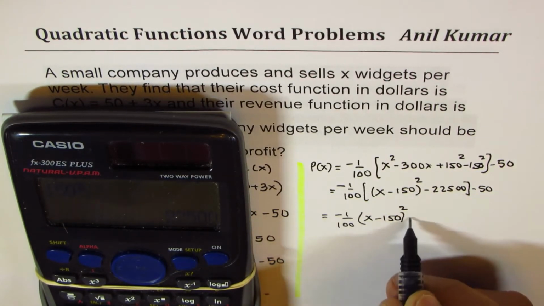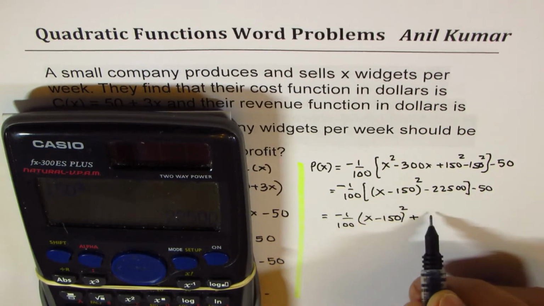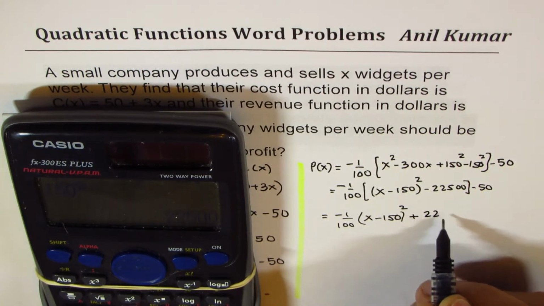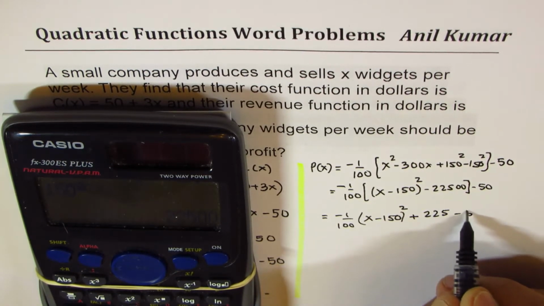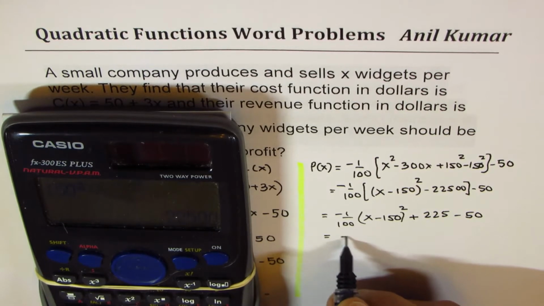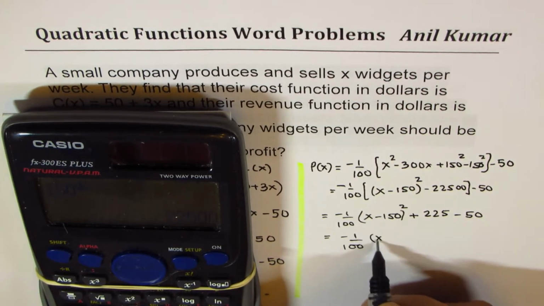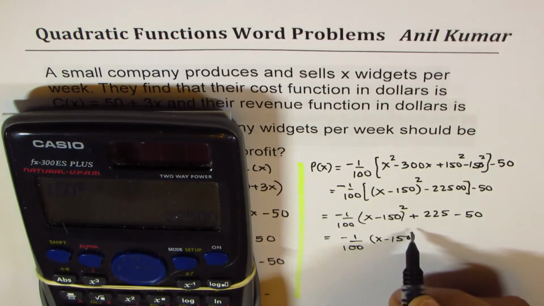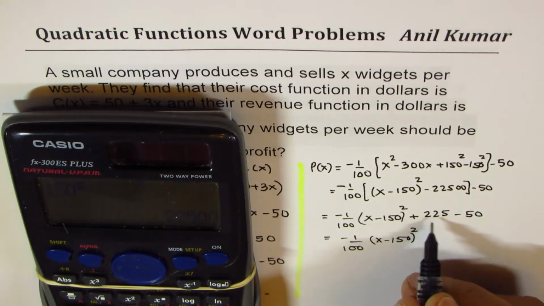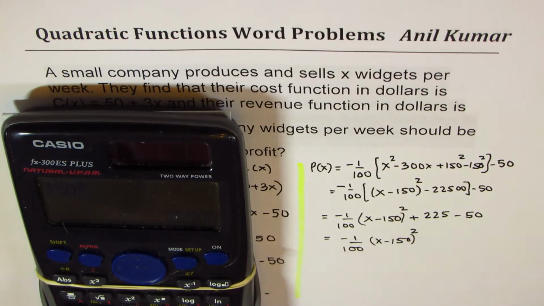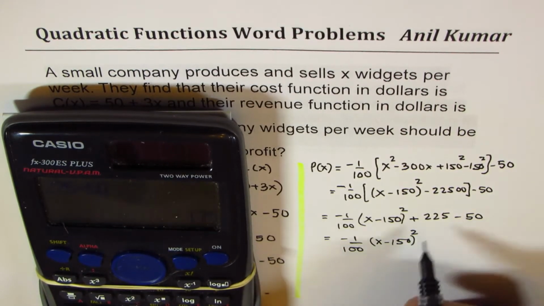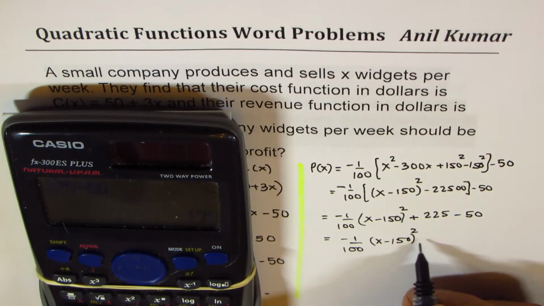When you multiply these two, they become plus. 22,500 divided by 100 gives you 225, minus 50, and then you get the vertex form of the equation, (x - 150)² and 225 take away 50 is 175. You could do 225 minus 50, and that gives you 175.